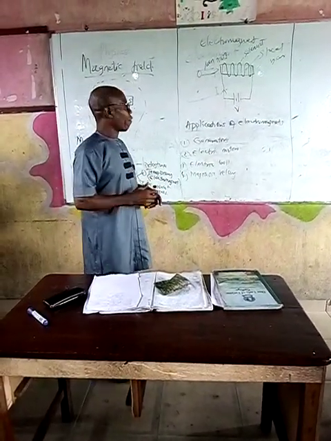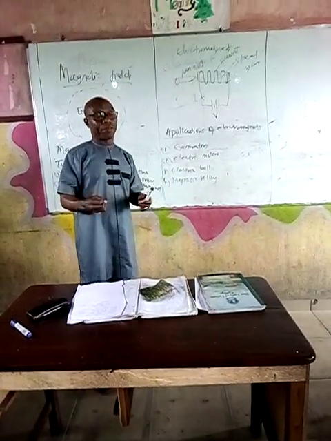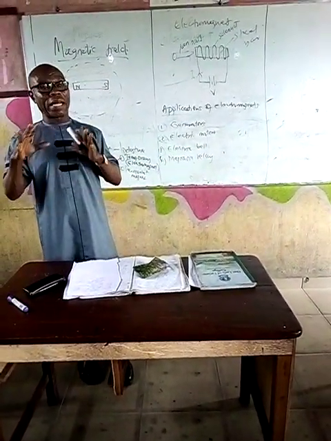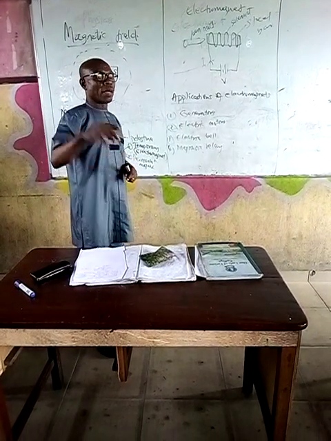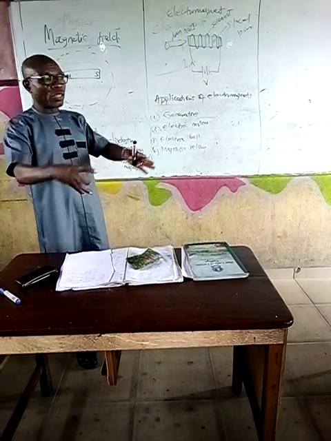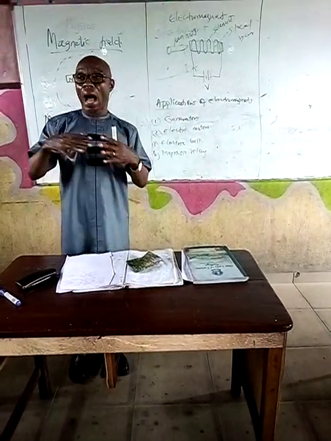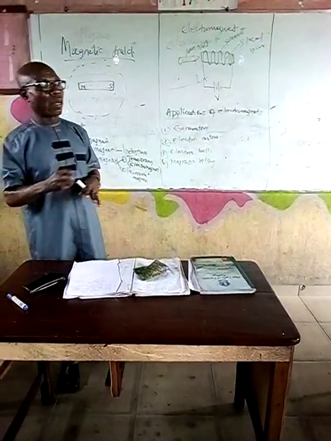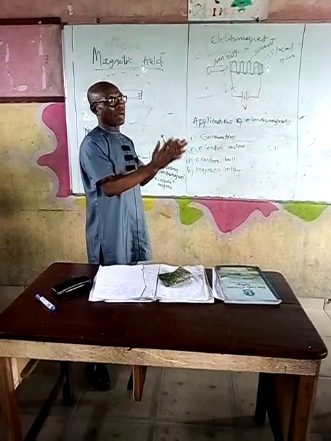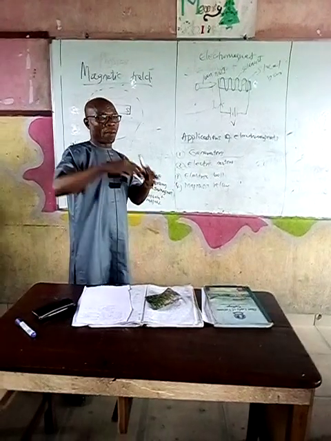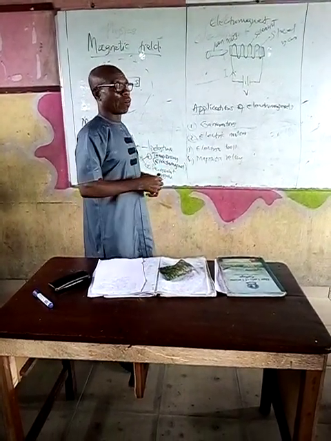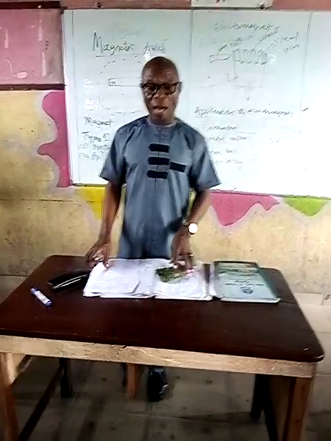When you have a mixture of pieces of iron and other materials that are not magnetic, you can bring an electromagnet in between this mixture of magnetic and non-magnetic materials. So there will be separation of this magnetic material like iron scraps from non-magnetic materials. There are so many other uses of electromagnet that we are going to cover.